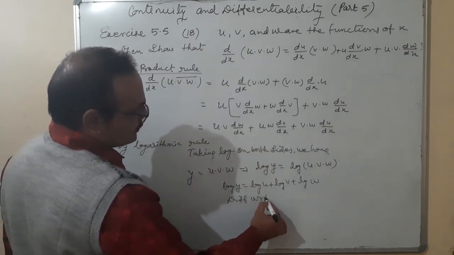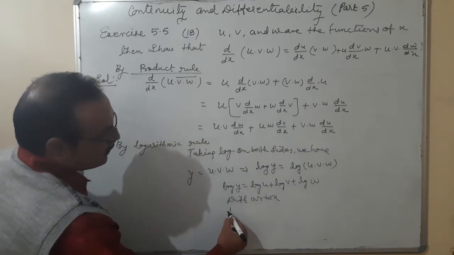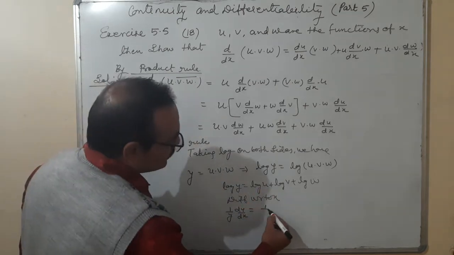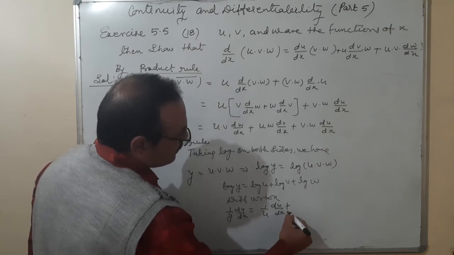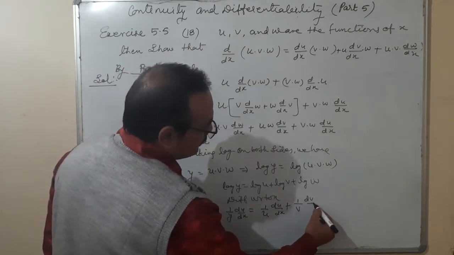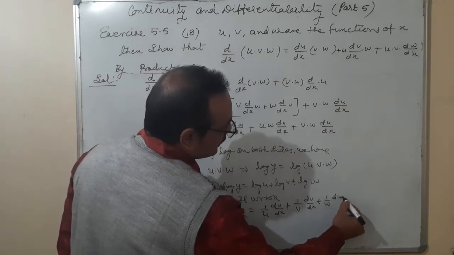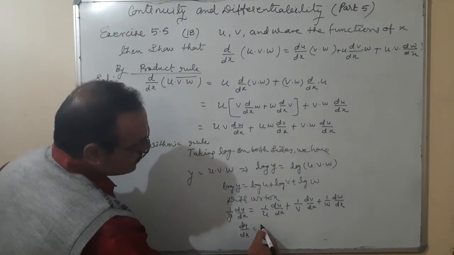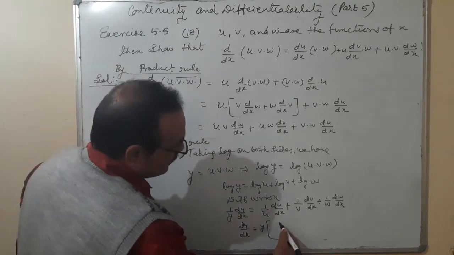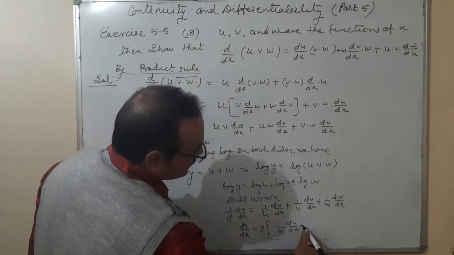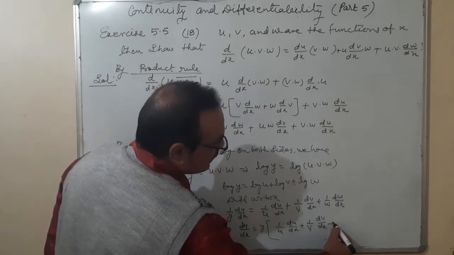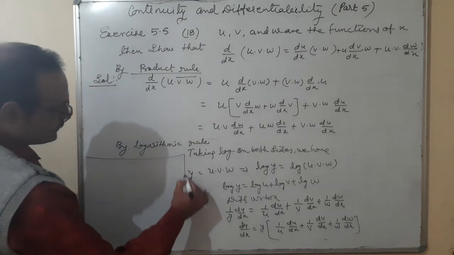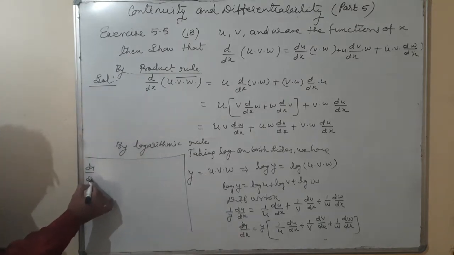Differentiate with respect to x. Log y gives 1 upon y dy/dx, equal to 1 upon u du/dx plus 1 upon v dv/dx plus 1 upon w dw/dx. So dy/dx is equal to y times this bracket.